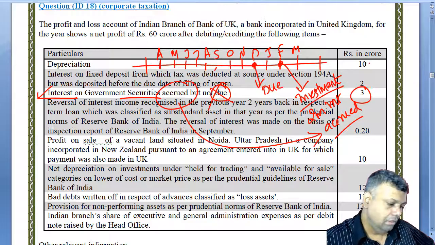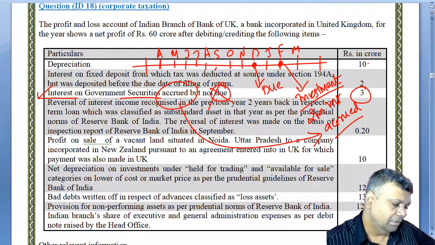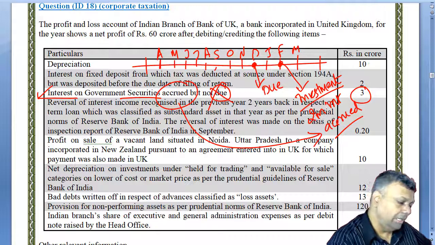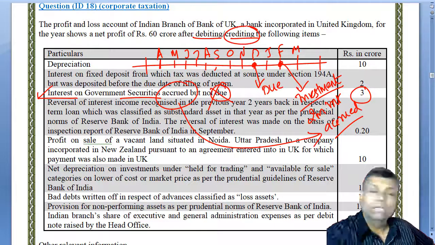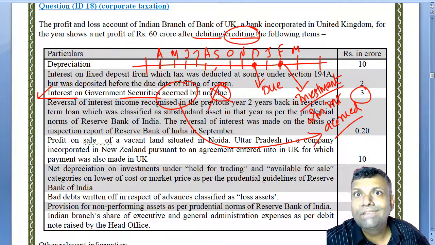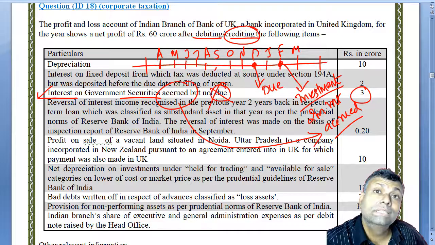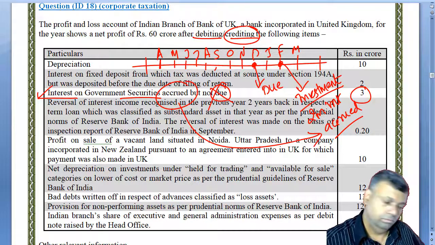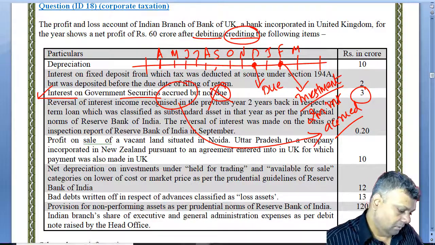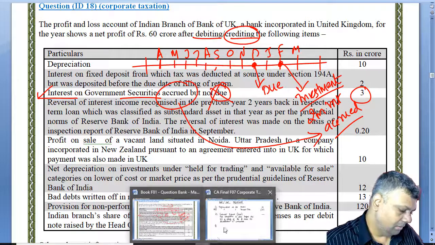Further, this 3 lakh rupees is already debited or credited. So it is already credited to your profit and loss account, but it is not your taxable income because it is not due. So let's make a note of that. Point number 3.